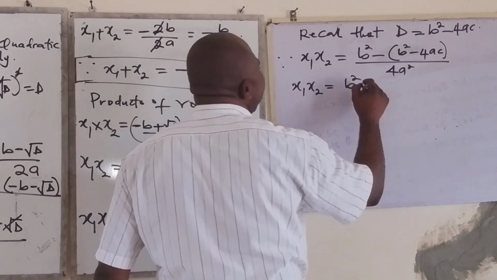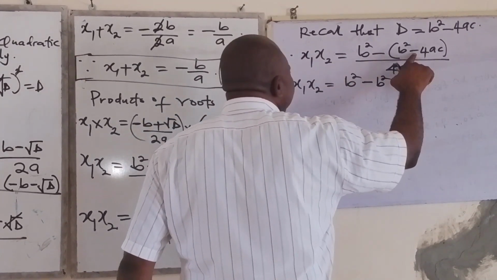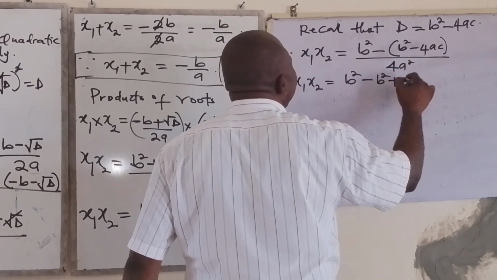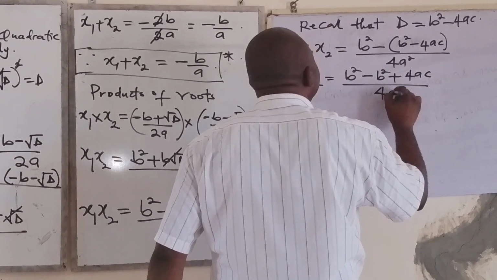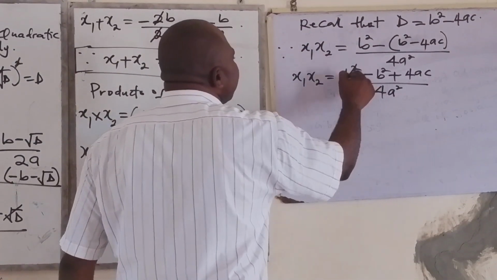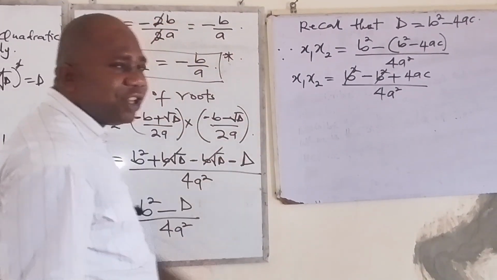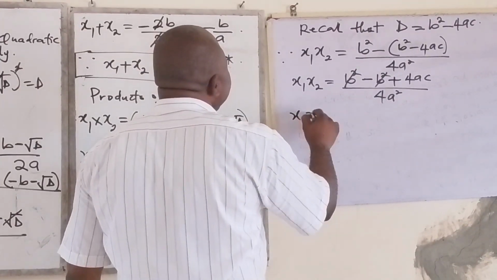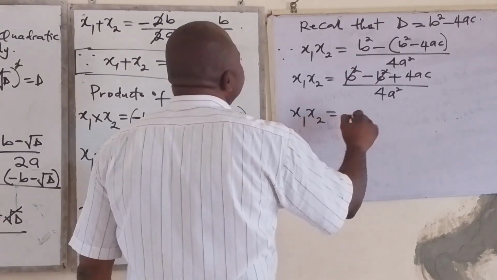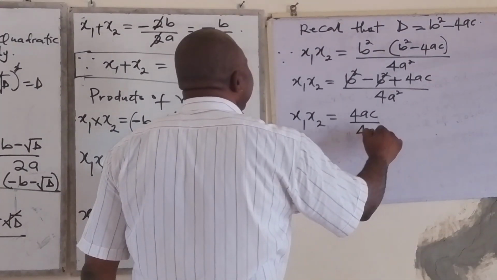Opening this bracket, we have minus b squared, and now minus is plus, so here we have plus 4ac all over 4a squared. Now this b squared will go with this b squared, because b squared minus b squared is equal to 0. So here our x1 x2 will be equal to 4ac all over 4a squared.